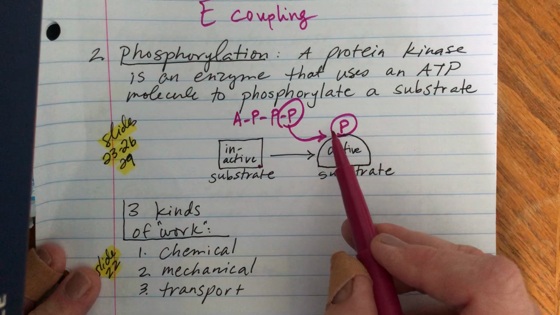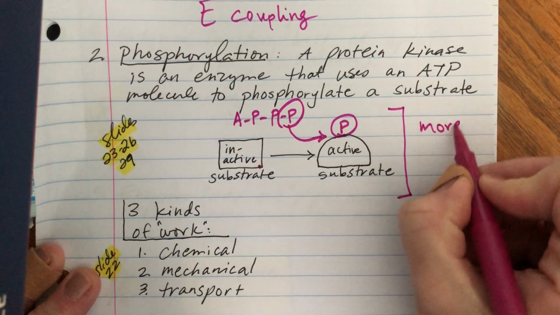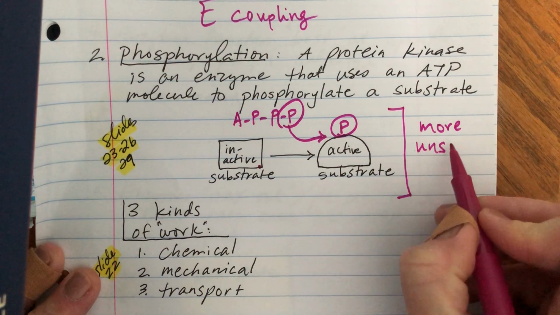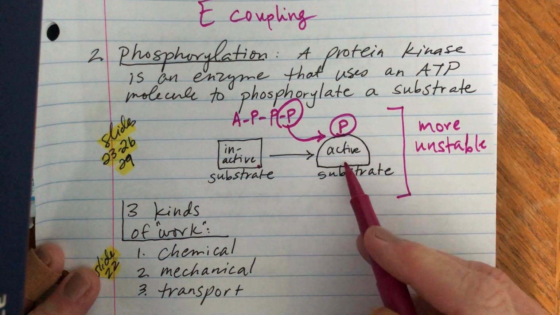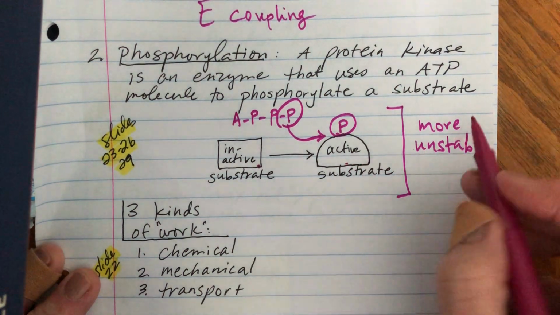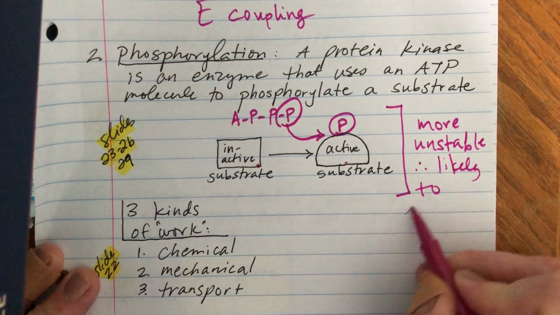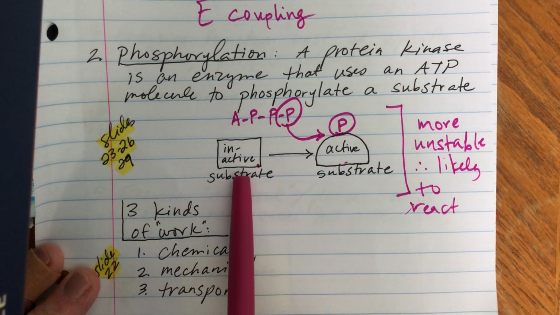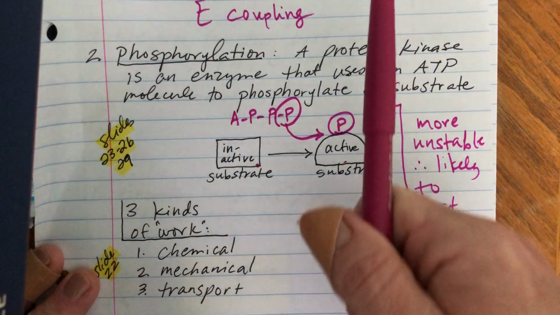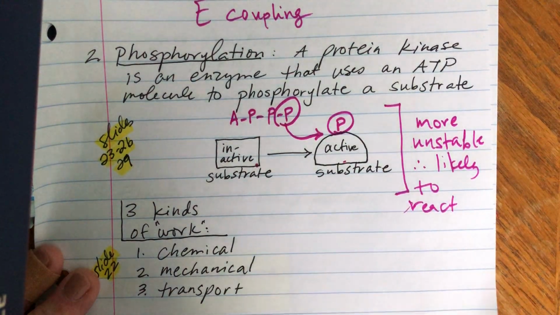And now this is going to be much more likely to react, because with this phosphate group attached, it's more unstable. So this would be like Tim sitting in the middle of the trampoline, not moving. This would be like Tim bouncing up. Why is he bouncing up? Because Gabe jumped down. All right?